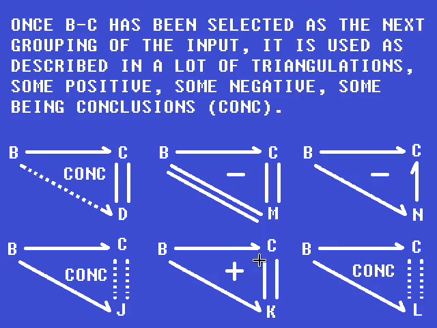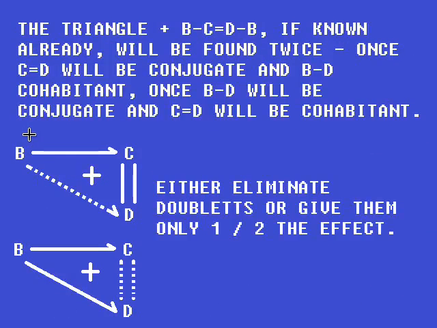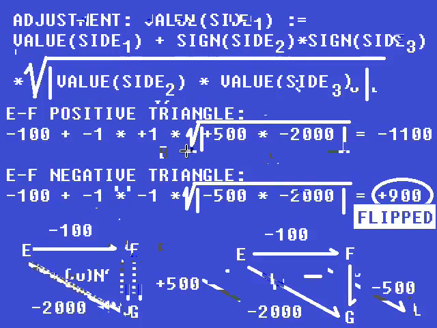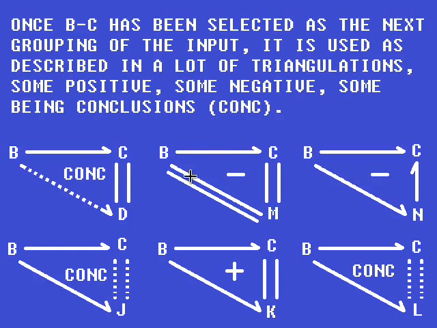Okay, you're obviously not going to do just one triangle. If you're going to have here BC, you know, this is this thing which we decide to group here, right? This BC. Then you are going to find a lot of possibilities potentially where to let BC participate.